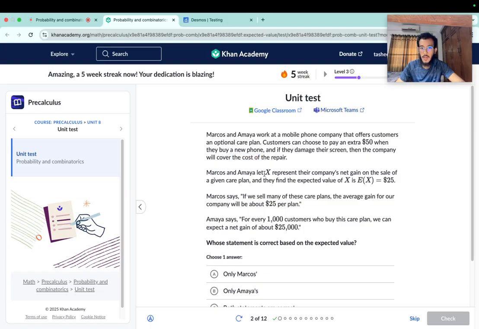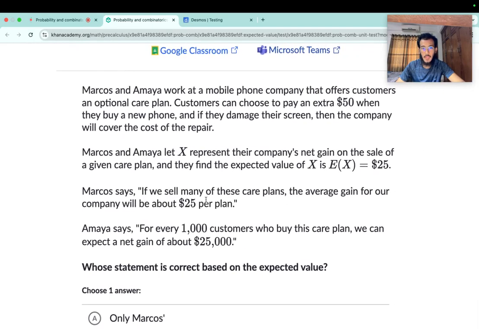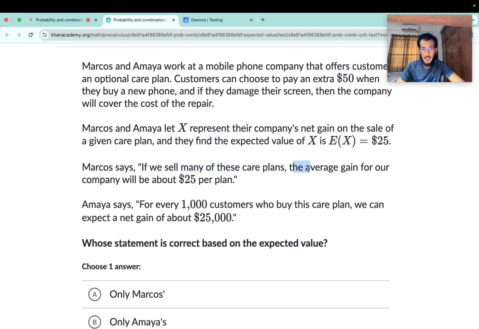Marcos and Amaya let X represent their company's net gain on the sale of a given care plan, and they find the expected value of X, E(X), equals $25. Marcos says, if we sell many of these care plans, the average gain for our company will be about $25 per plan.